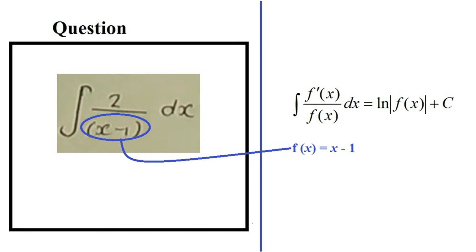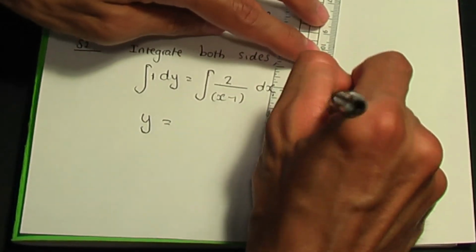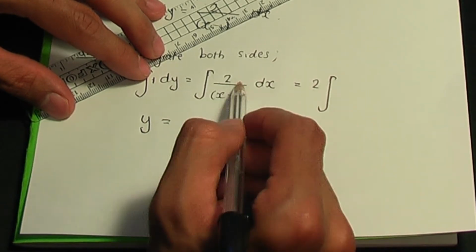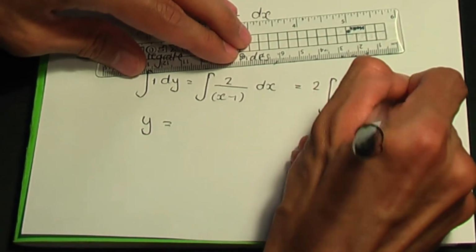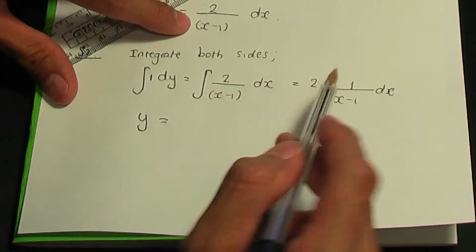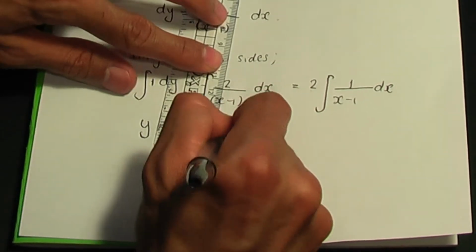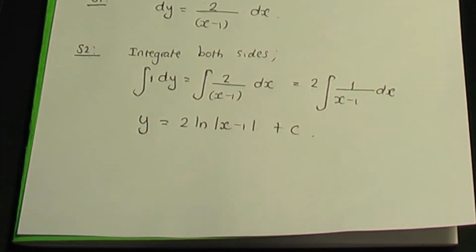If you differentiate x minus 1, you get 1. 1 is a constant, and we have a constant in the numerator. But you could just as well take that 2 as a common factor. So before I integrate, let me take the 2 as a common factor, giving me 1 over x minus 1 within the integral. If we integrate this term, we're going to have 2 ln modulus of x minus 1 add c.